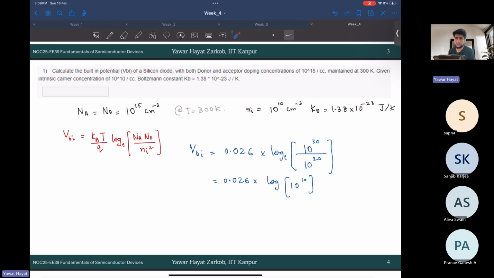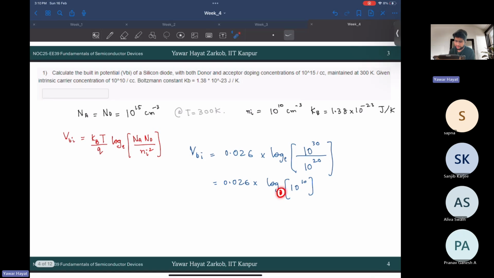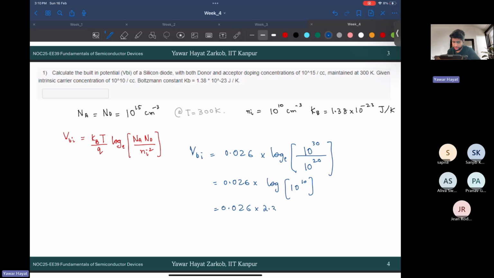You said 0.26. I guess you took the base as 10, but the base is e. So Pranav answered it rightly. This answer is 0.6. What you can do is convert the base; there is a factor of 2.303.